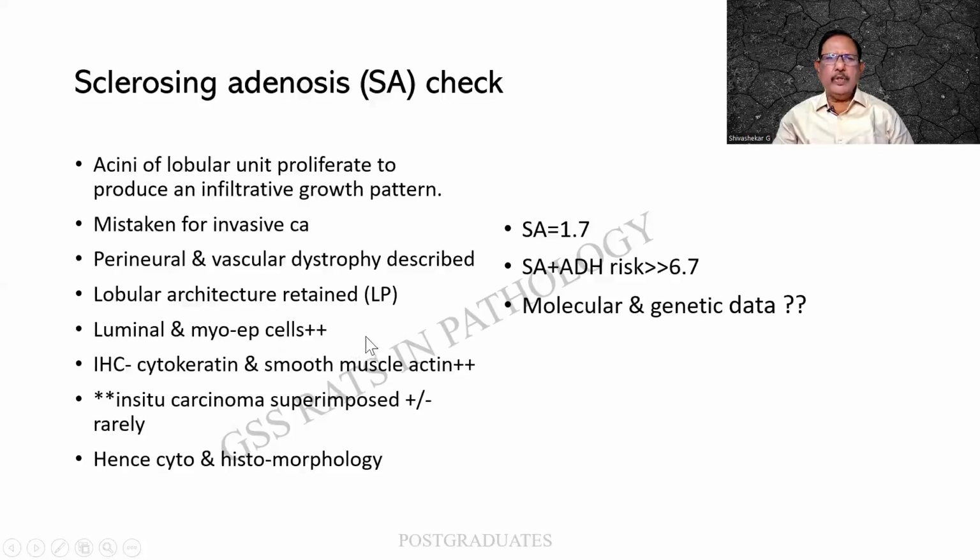This is what we are supposed to look for. And in situ, cytokeratin and smooth muscle actin are positive. There can be a carcinoma superimposed, which we'll have to rule out. Hence, cytomorphology and histomorphology are needed. When there is sclerosing adenosis along with atypical ductal hyperplasia, the malignancy risk can be nearly 7 times.